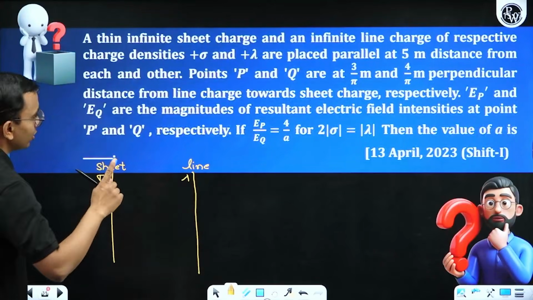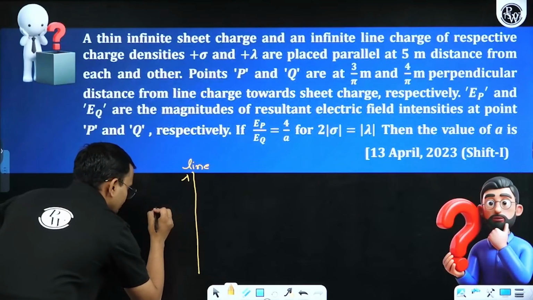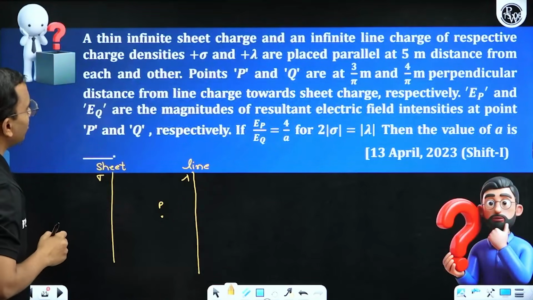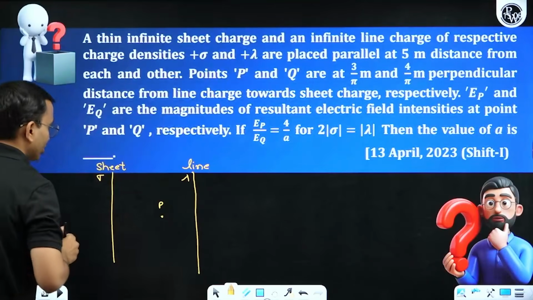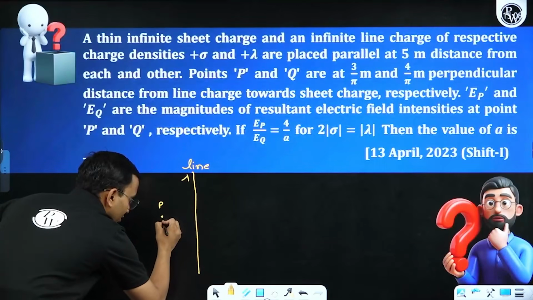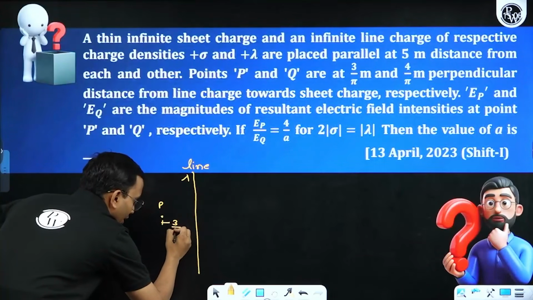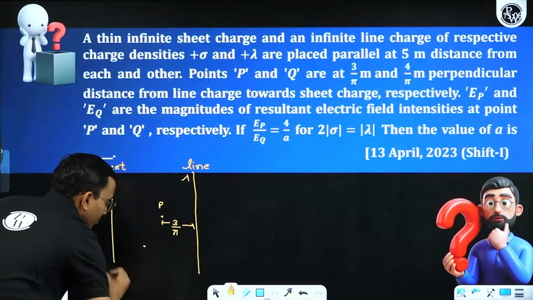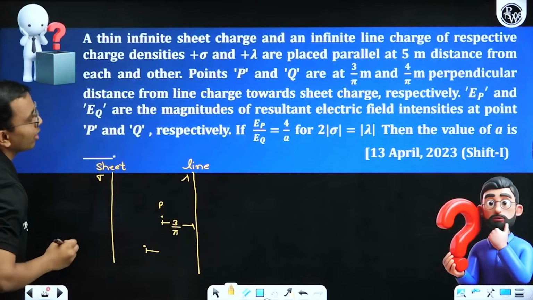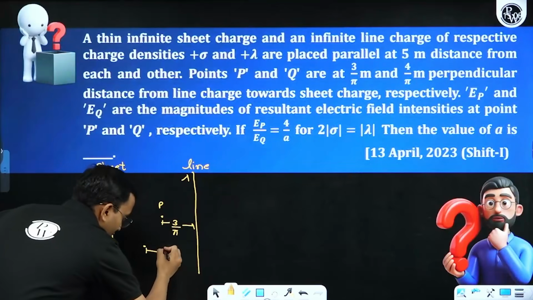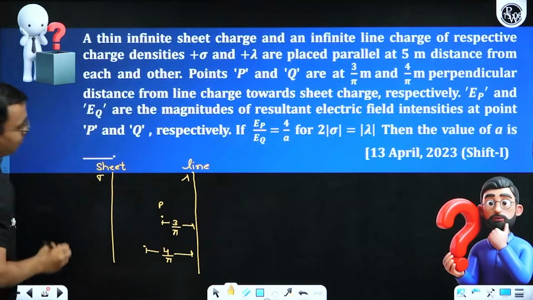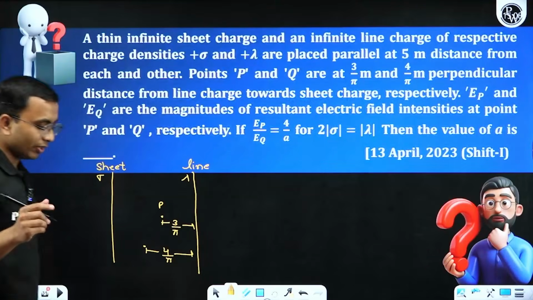Two points P and Q. P is at a distance 3 by pi perpendicular to the line charge, and another point Q is at 4 by pi. Now we have to write the electric field at these two points.